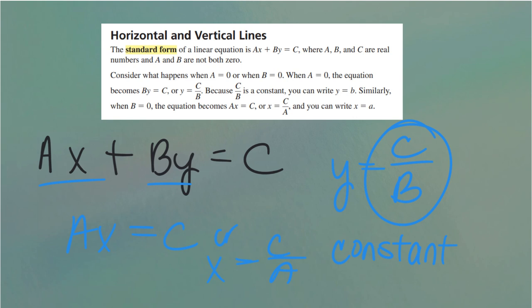Can they both be 0 at the same time? If they're both 0, then you only have 0 equals C, correct? How will we know that's a linear standard form equation? It needs to have at least an AX equals C or a BY equals C.